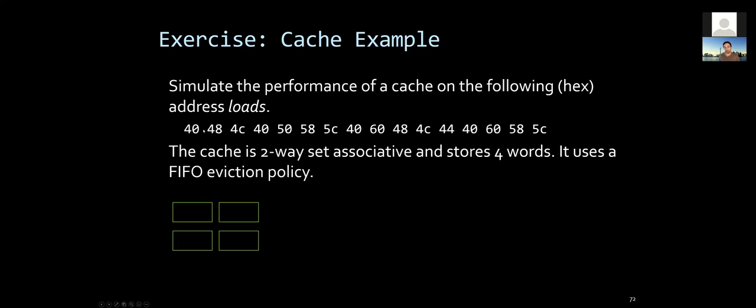So essentially what's going to happen when I bring, say, 40, it maps here, 48 would map to the other one, but then you're going to start to get collisions. Remember in the direct-mapped cache, you always have only one thing to remove.